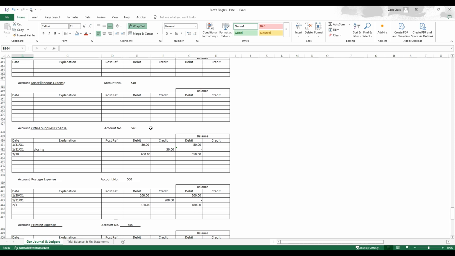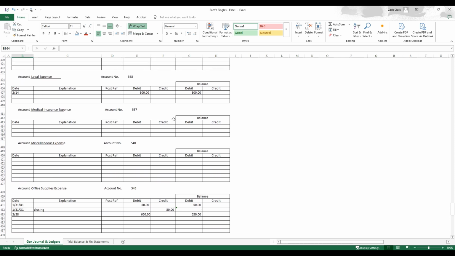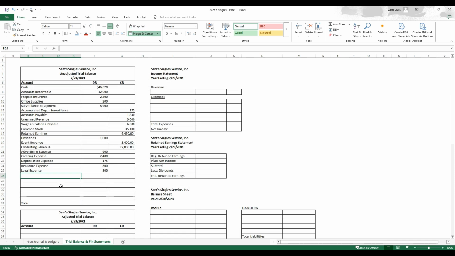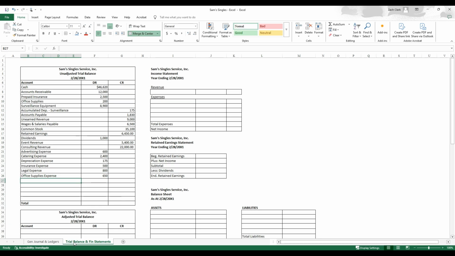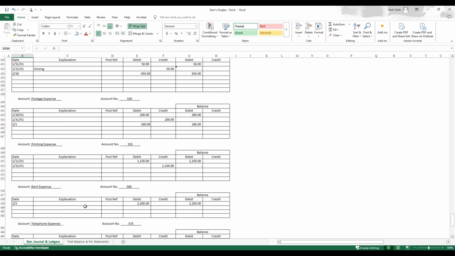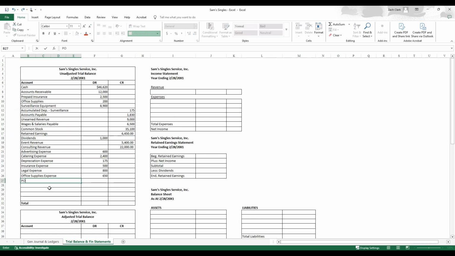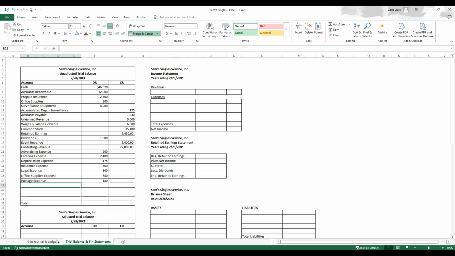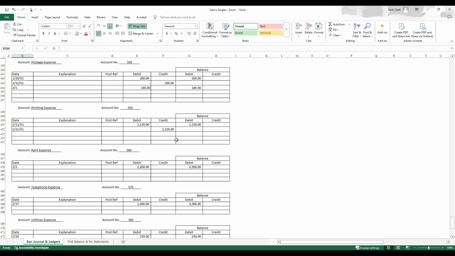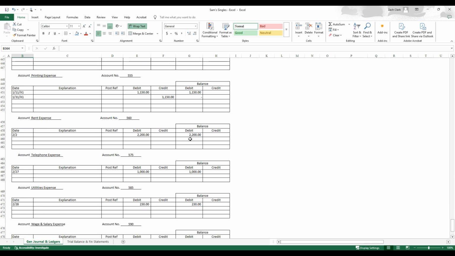Okay, so that was legal expense. Office supplies expense is the next one. Postage expense. 180. Okay, no printing expense this month.